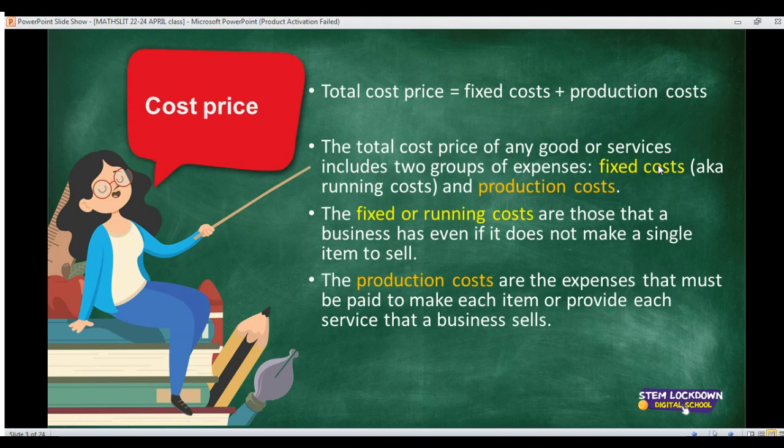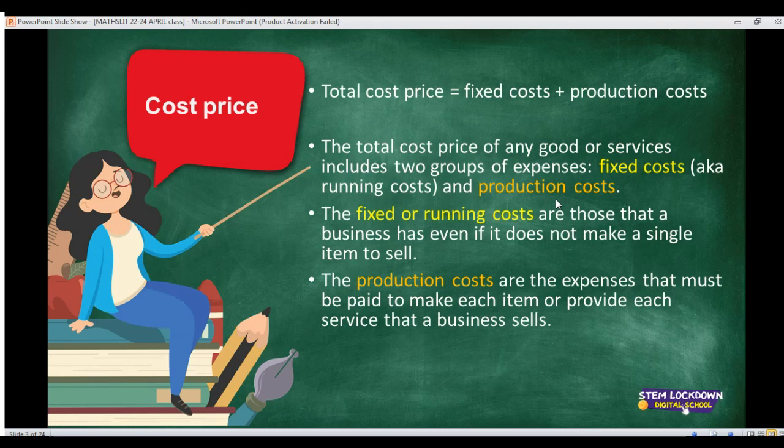Whether or not they are operating during this time really doesn't matter. They are required to pay for those fixed costs. That is usually the typical examples: your rent, and oftentimes electricity bills, cell phone bills, etc.